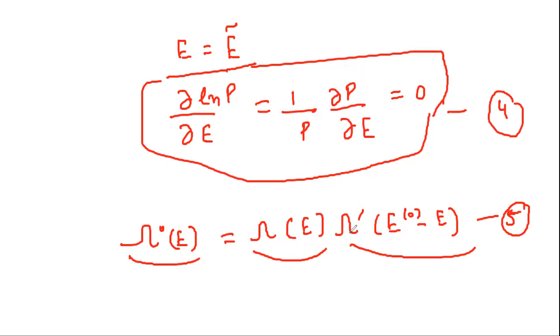You can express this as the product of these two, right? Because, as I told you, every possible state of A can be combined with every possible state of A prime to give a different state of the total system A naught. So because of that, we can write equation 5. This E naught minus E is actually E prime, right? So this is my equation 5.